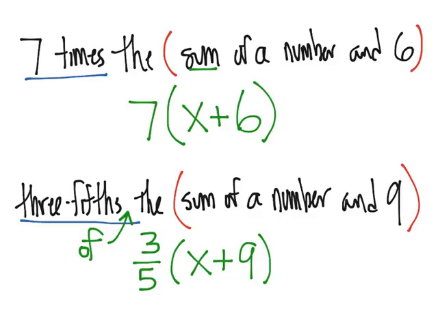Next, let's take a look at what we can do to visually represent some of these problems. Let's start by thinking of these problems as a box, or a rectangle in this case. We're going to work with the first problem, 7 times x plus 6. Because our problem does not have 2 variables, we can't graph it on a coordinate plane.